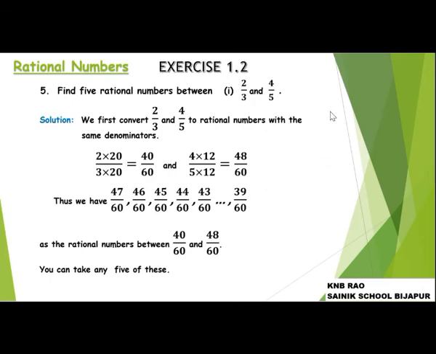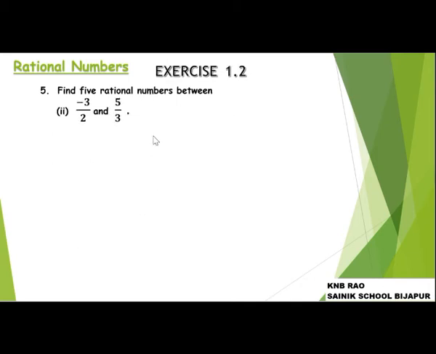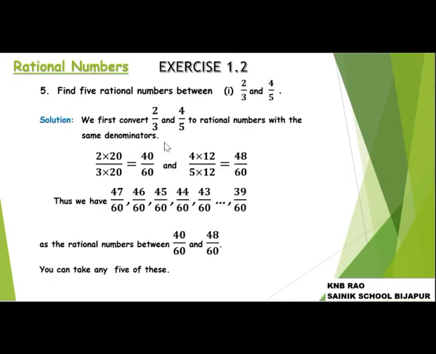Now you could see here 2 by 3 written as 40 by 60 and 4 by 5 written as 48 by 60, both being with the same denominator.